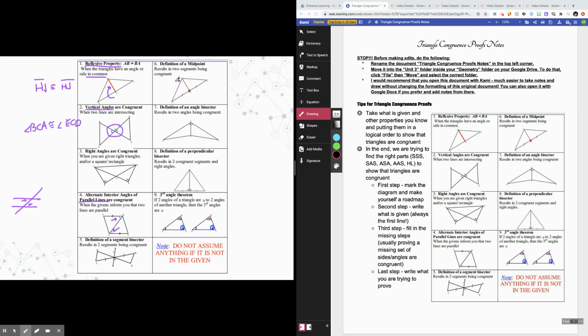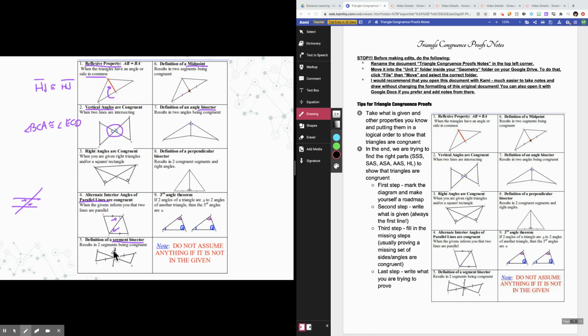And then we often have either a midpoint or a bisector. So a midpoint, a segment bisector, or an angle bisector will give you congruent sides and congruent angles. Midpoint and segment bisector are the same, they give you the same result: two sides that are congruent.